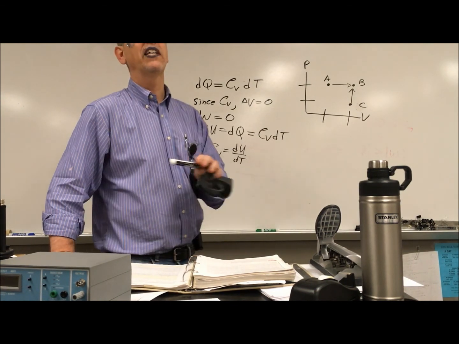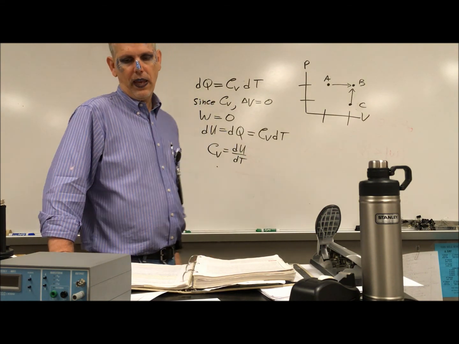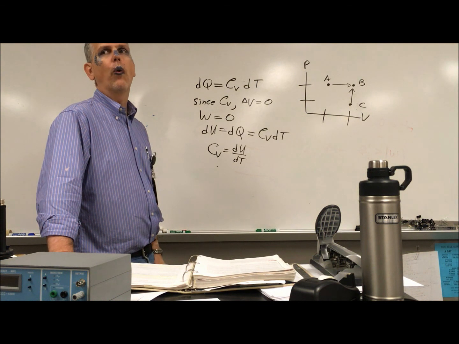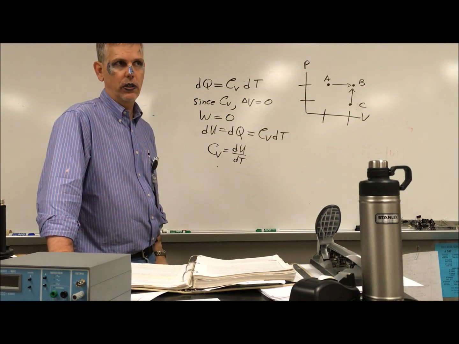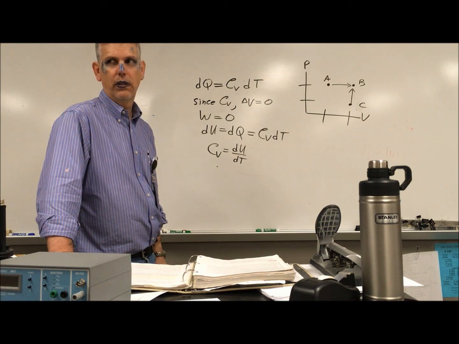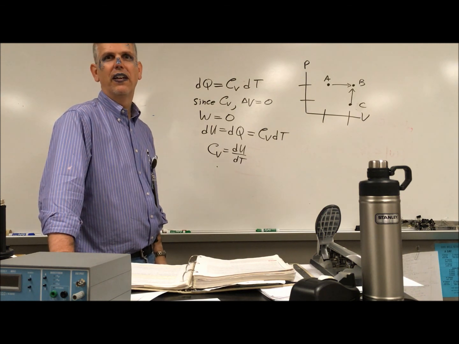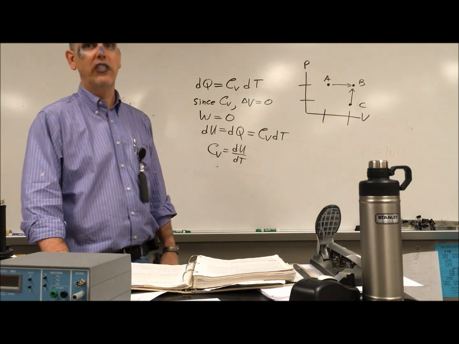In other words, it doesn't matter how you get there. This equation holds for any process. You guys may not understand what I just said. That's deep, man. So let me show you why that was deep.